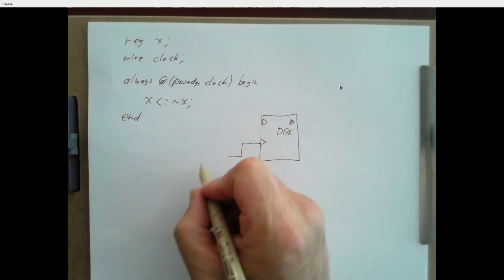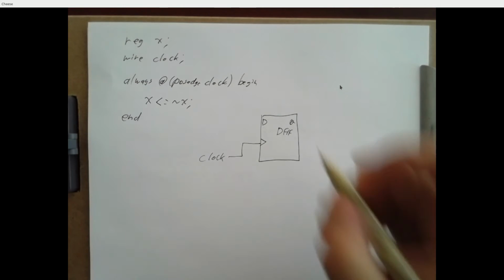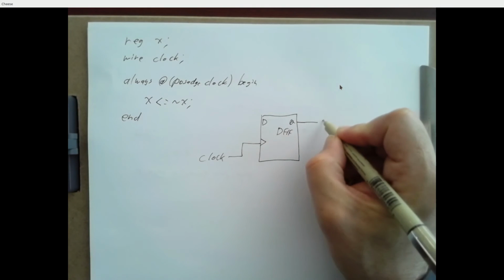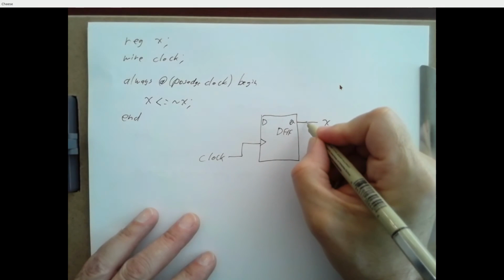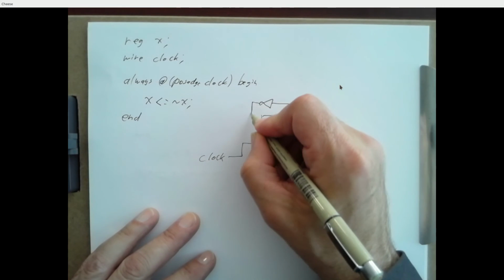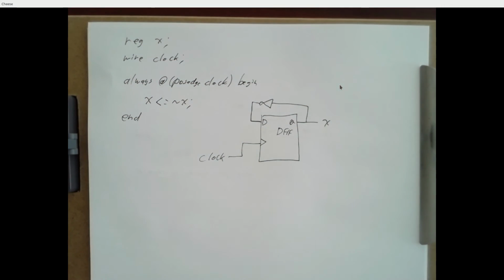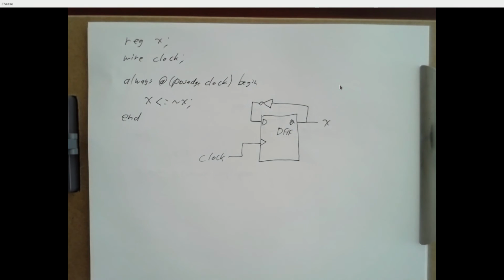Clock. That's the clock. Where's X located? Q. But what feeds D? Q, X not. It would probably just take the Q bar input, but either way, functionally, this is what that block will synthesize to.